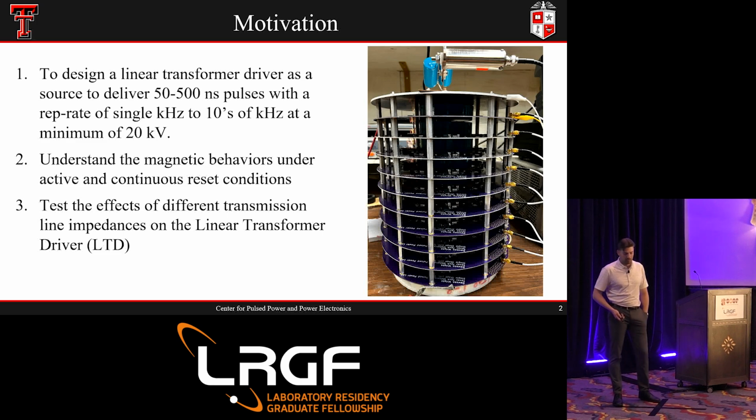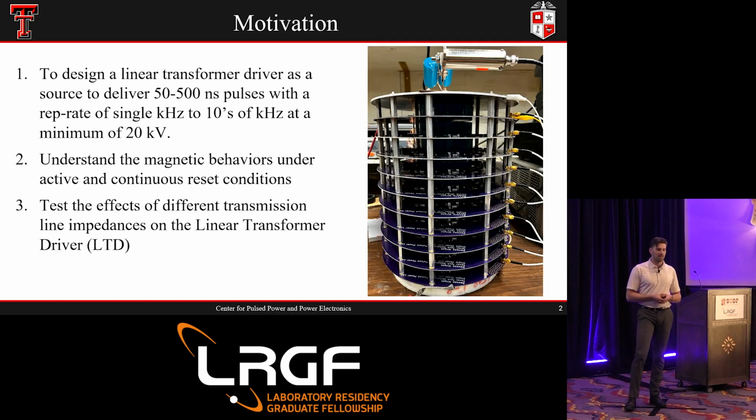So the motivation was we wanted to design a fast rise semi-high voltage system that we could test for various things: insulation breakdown, gas breakdown, and any other kind of physical phenomenon testing. We also had some specific parameters we wanted to achieve: 50 to 500 nanosecond variable pulse widths, a rep rate of single to tens of kilohertz, and a minimum of 20 kV output.